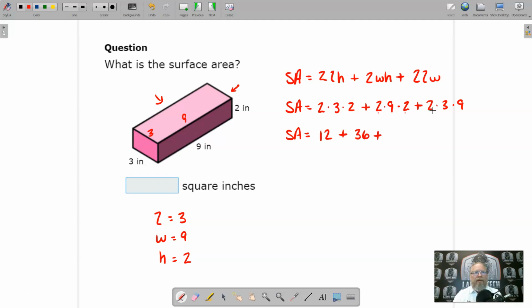And then 2 times 3 is 6. 6 times 9 is 54. Now we've done all of our multiplication. Now we can go ahead and do our addition. And yeah, I'm going to be a cheater and put all this in the calculator. 12 plus 36 plus 54 is going to give us a total of 102. So our surface area is 102 square inches.